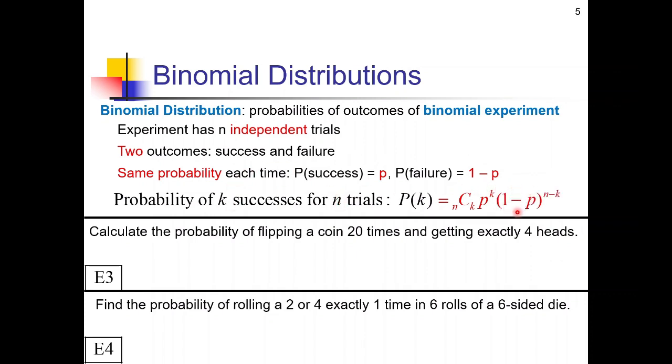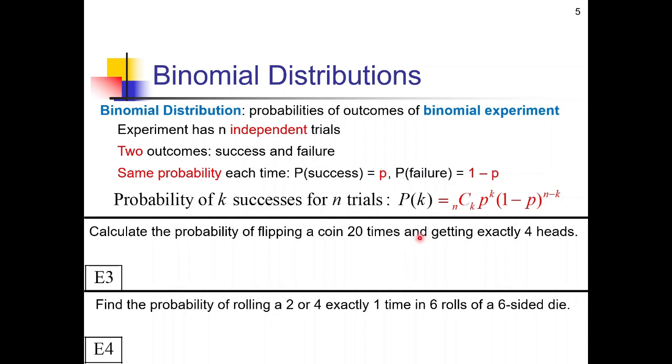So 1 minus P to the n minus k. So this formula looks a little bit crazy, but it is actually very efficient compared to the alternative, which would be writing out all the possible flips that you could get flipping a coin 20 times, and then counting up how many of them gave you exactly 4 heads. That would be a huge nightmare. Instead, we're going to use this formula.